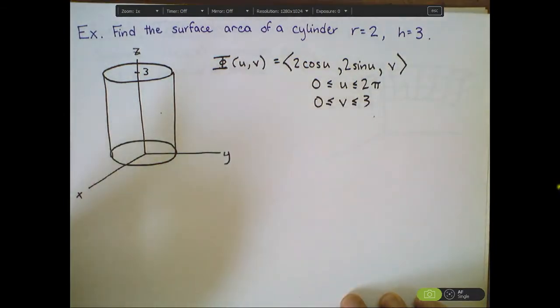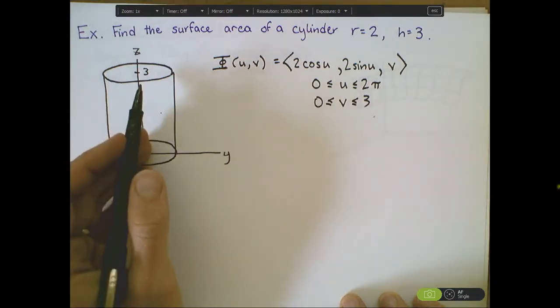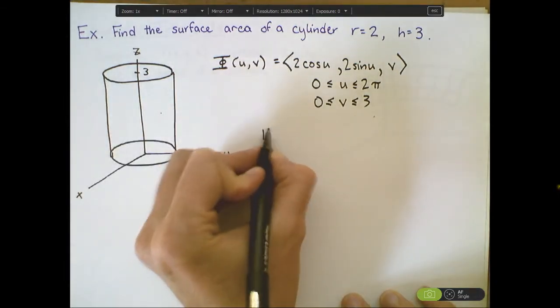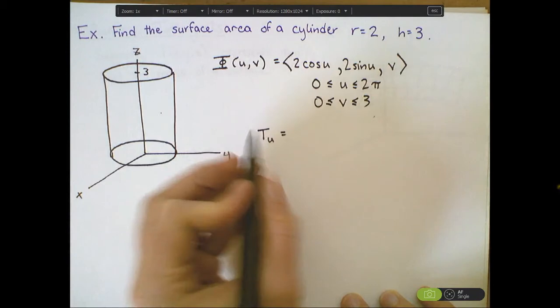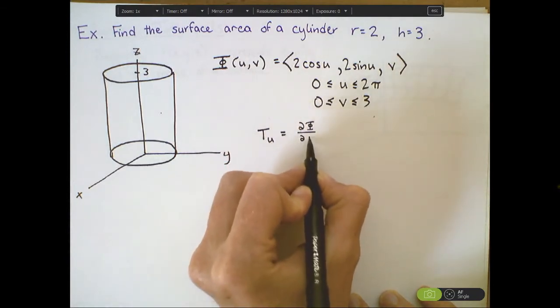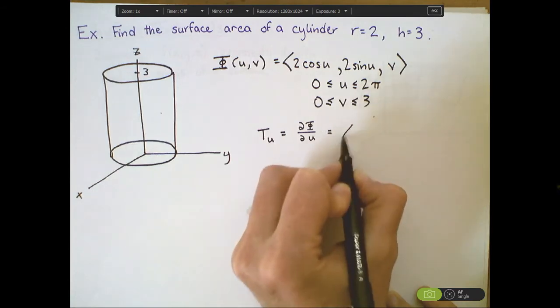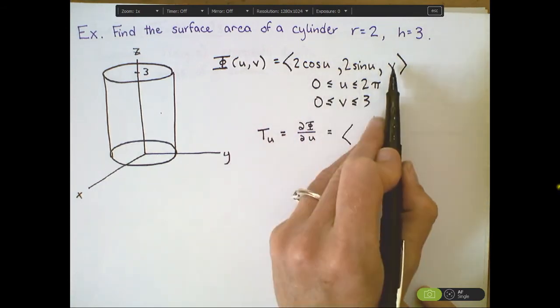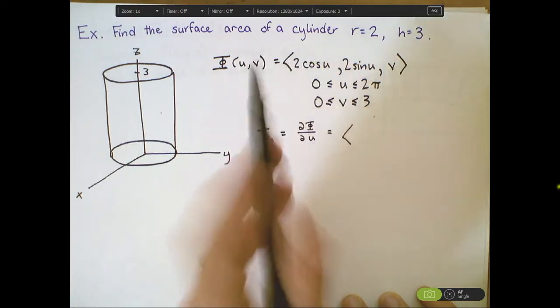In order to find the surface area, I need to find the magnitude of the normal vector. So I'm going to find t sub u, because that's my partial derivative of my parameterization with respect to u. That means that I'm going to hold v constant and take my derivative with respect to u.